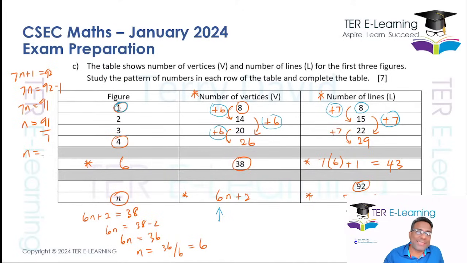You're going to get 13. So therefore this value here is going to be 13, so this one is going to be 6 by 13 plus 2, and you're going to get 80. So yeah, my bad, missed out the question.